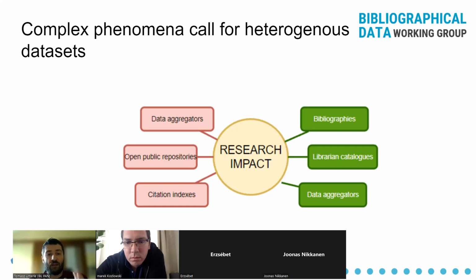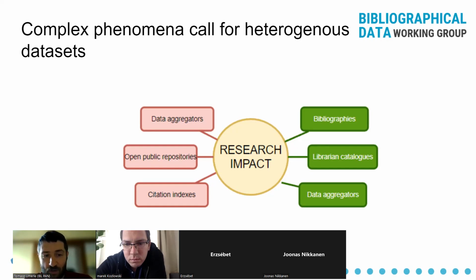We need insight into bibliographies or library catalogs to understand things like deep citations, which will be discussed more today, or we need to look at different metadata aggregators to understand how researchers in the humanities impact not only other researchers, but society in general.